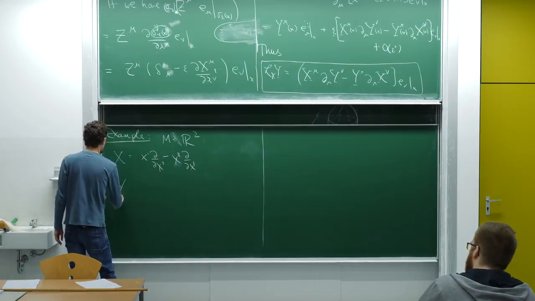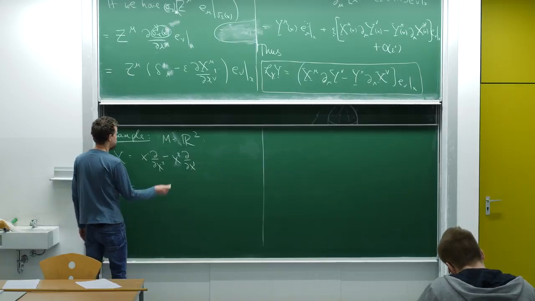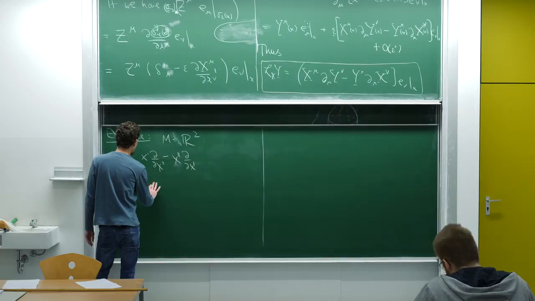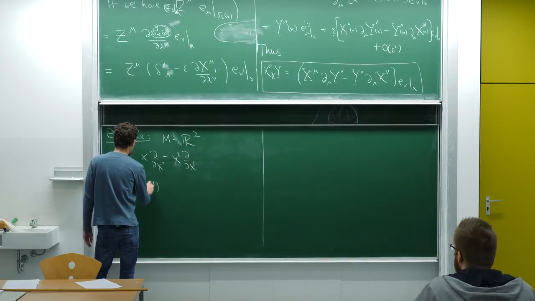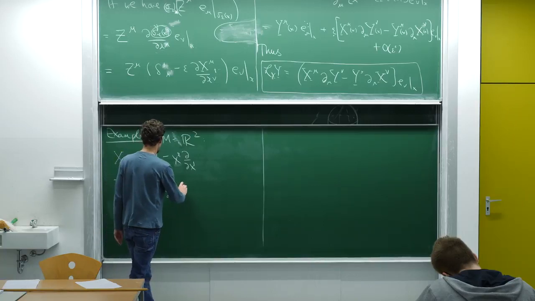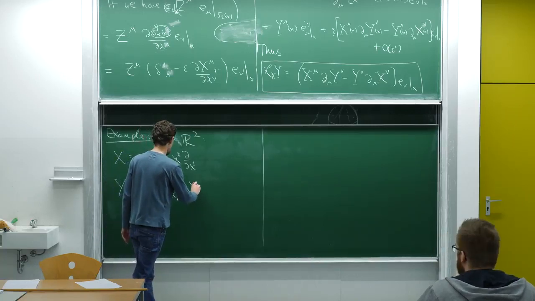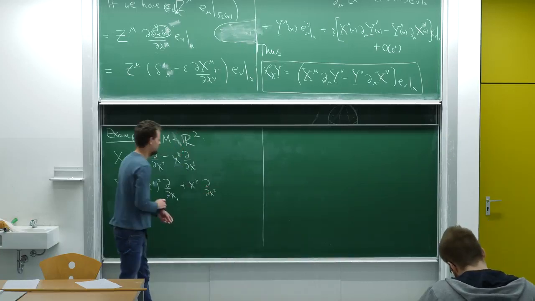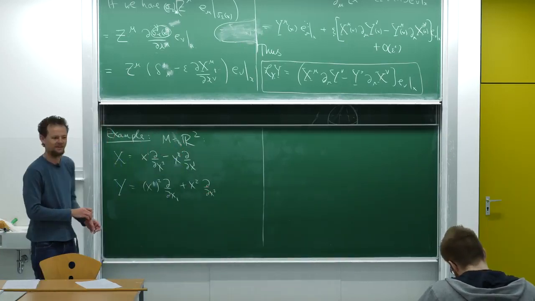And then y, we need some other vector field. Let's choose (x1)^2 plus x2. Okay, see how bad this can go.